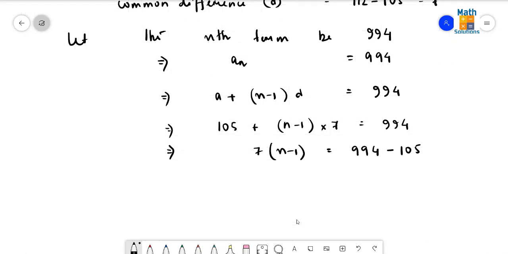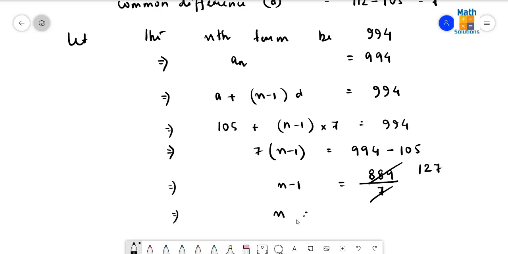So what would I get here? N minus 1, 994 minus 105 will give us the result 889, that is divided by 7. So let us check, what do we get when it is divided by 7. 7 1 is 7, then 18, 7 2 is 14, then 749.